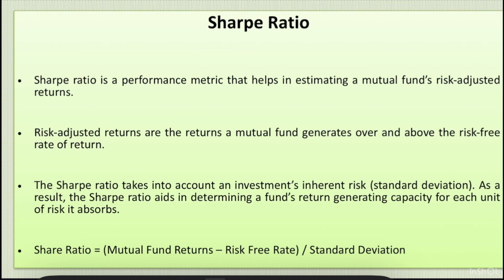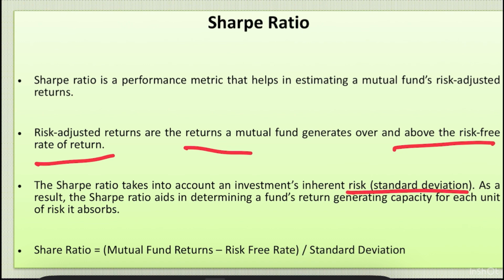Next ratio is our Sharpe ratio. What does Sharpe ratio tell us? That means whatever returns a mutual fund is giving over and above our risk-free rate of return. Understood? Now, we need to understand one more thing, that Sharpe ratio takes into account the standard deviation.